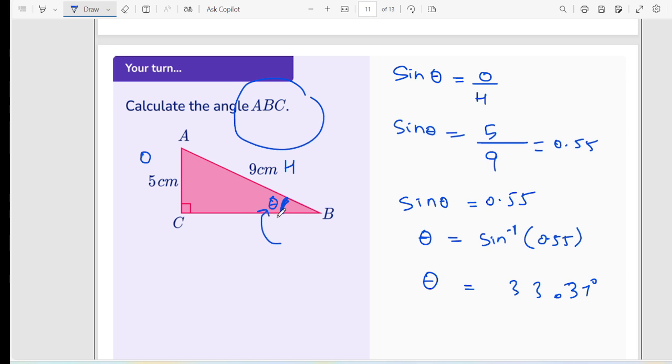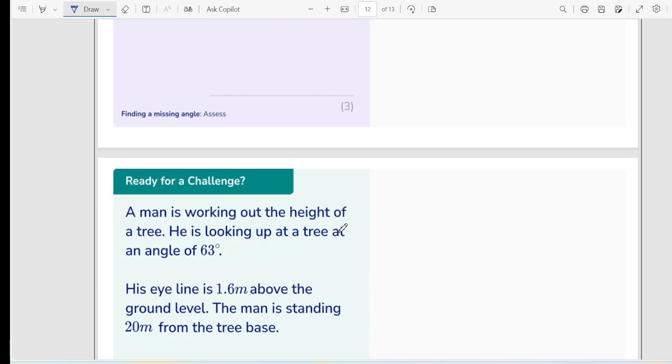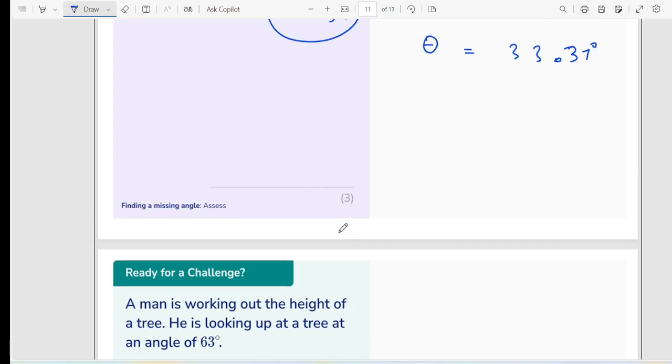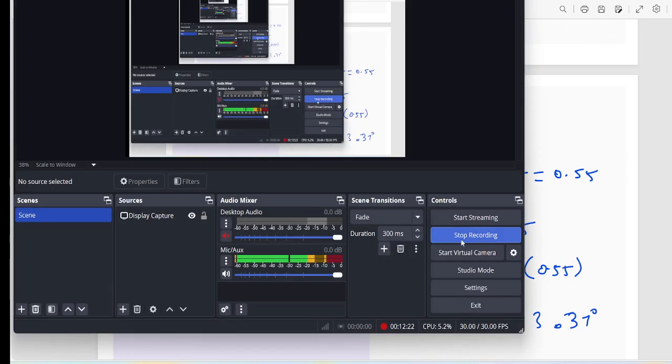So this angle is 33.37 degrees, or you can say 33.4 degrees. That's how we can also use the same thing to find the angle. So this is how we solve questions related to trigonometry. Thank you.